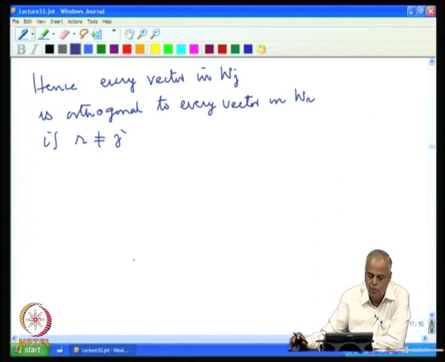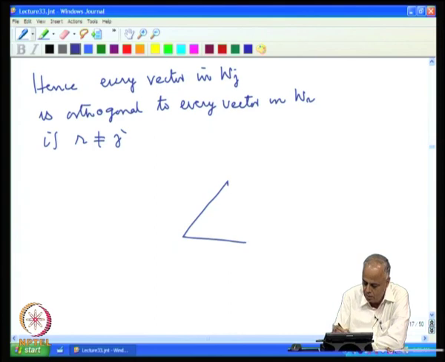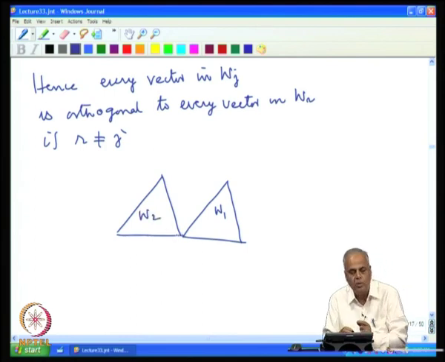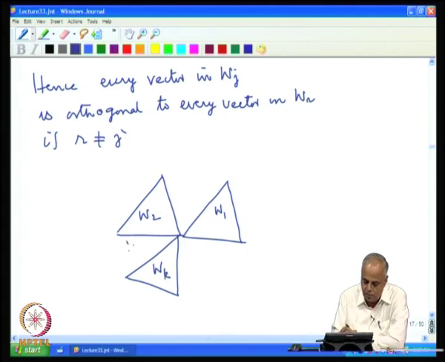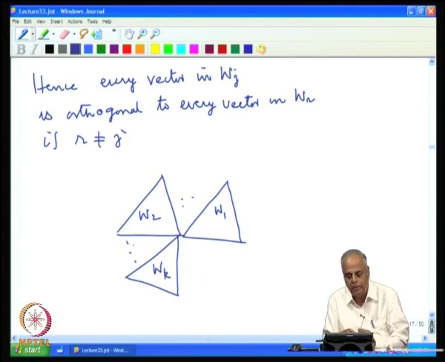So, now let us see how this picture looks like. We have this W1, we have W2, all of them being orthogonal. The only vector that will be common to two orthogonal things will be the 0 vector. So, we have W1, W2 etcetera, and finally, Wk.